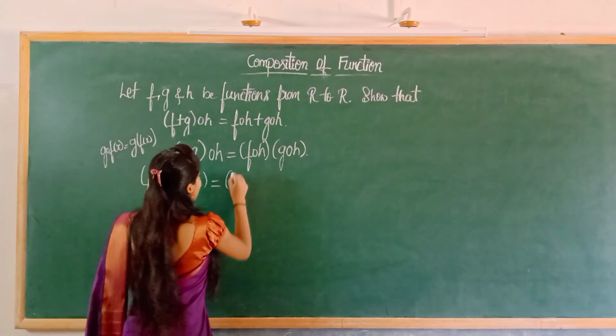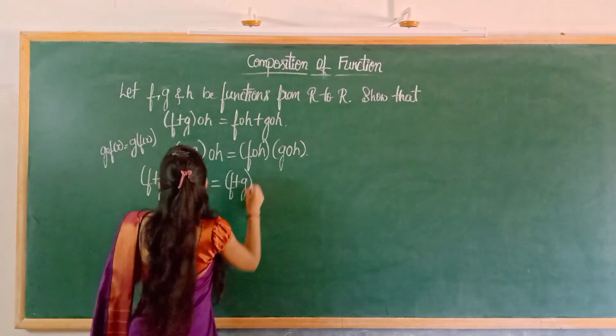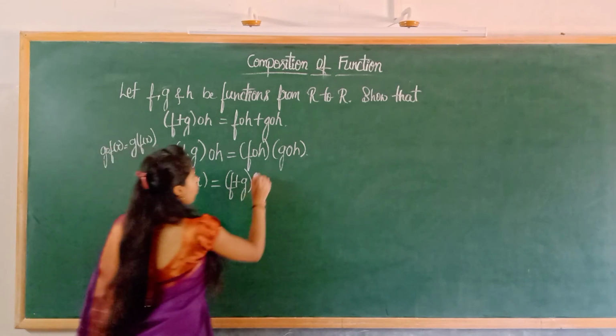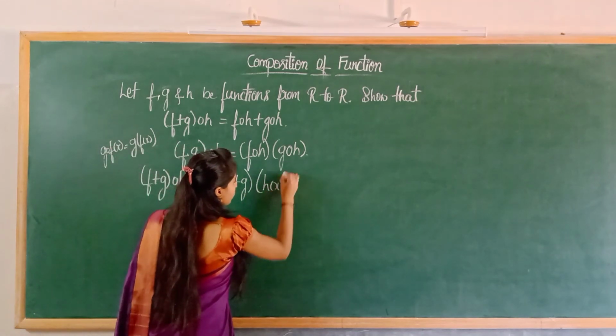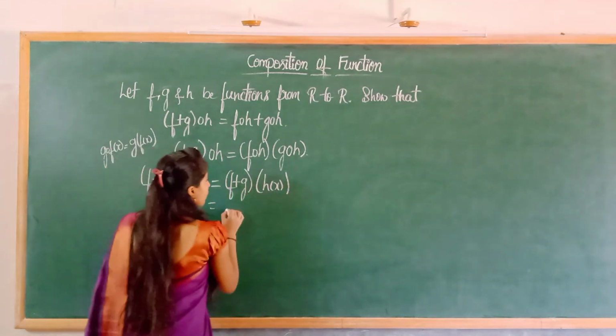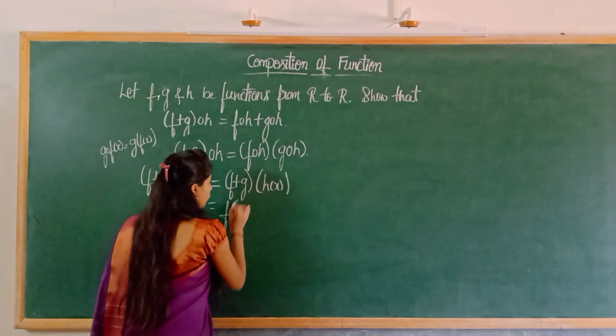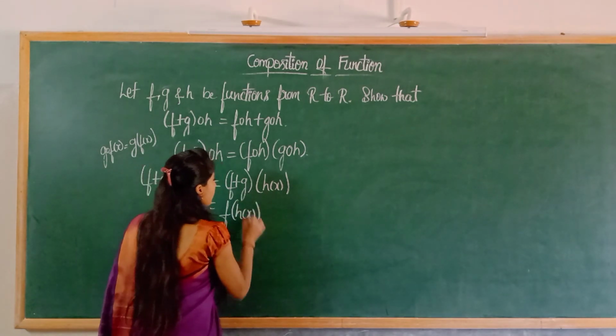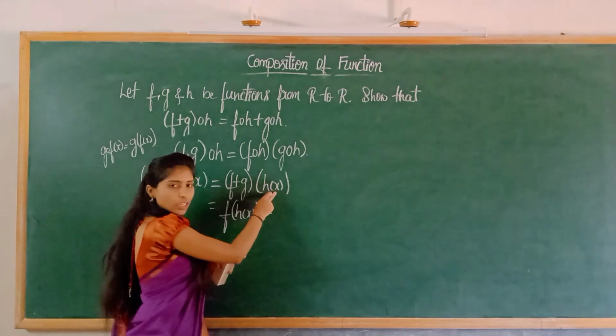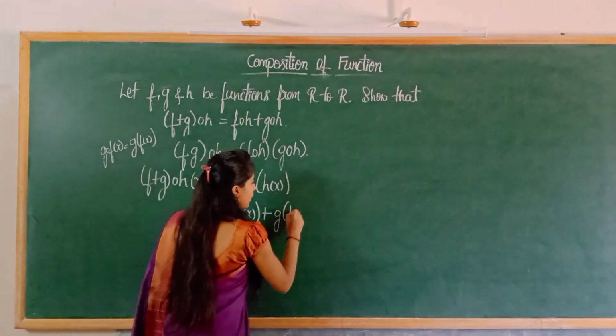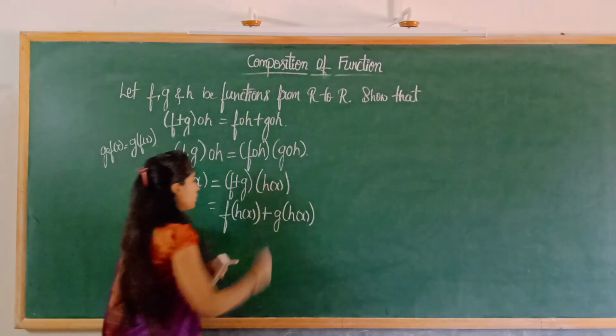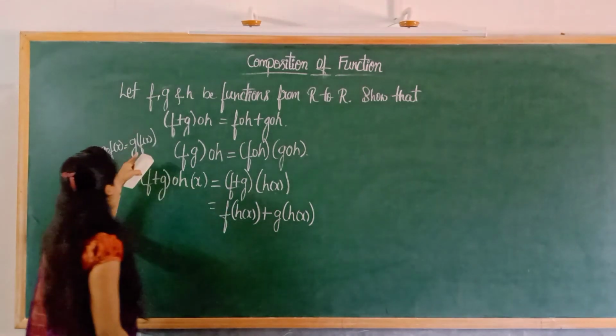That is f plus g of h of x. The next step is to multiply the terms: f of h of x plus g of h of x. Then it is in the form of g of f of x, right?